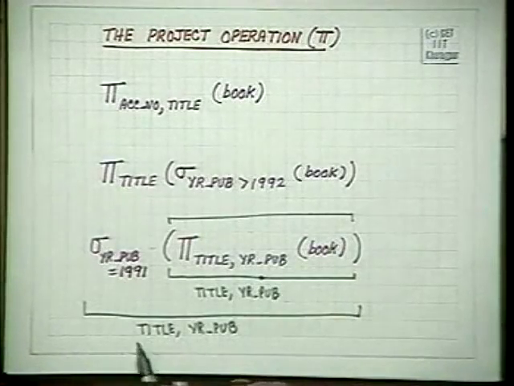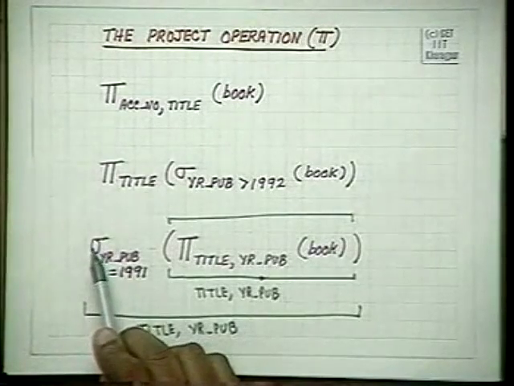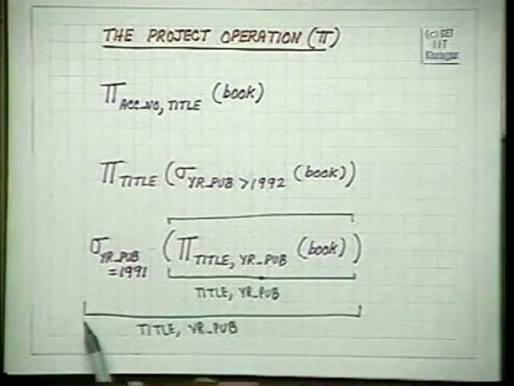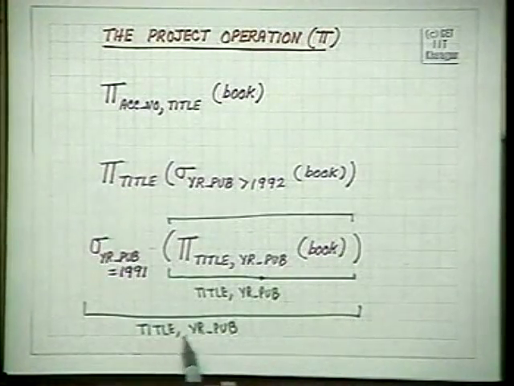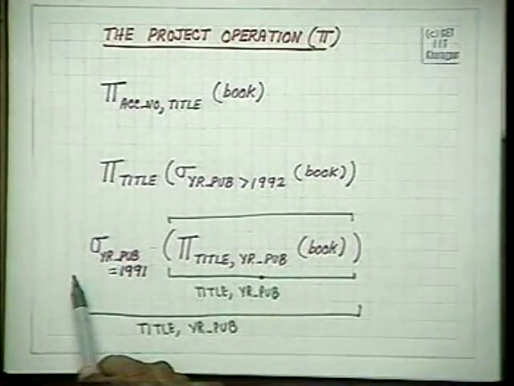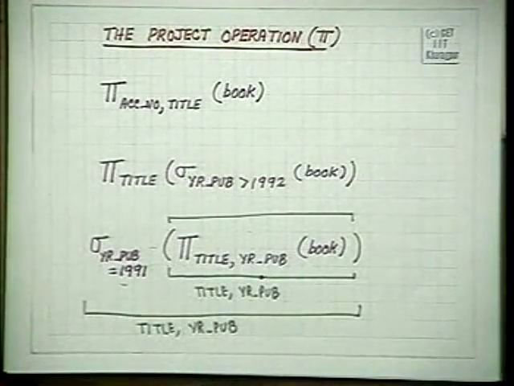These are the only two attributes which are returned here. All these operations return relations only, and the relation which is returned here has two attributes, title and year of publication. And we know that the year of publication of all the tuples available here will be 1991.